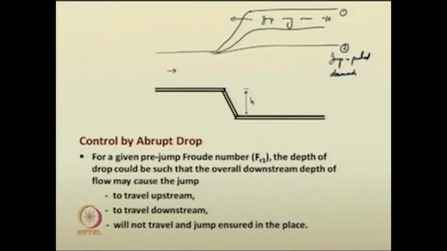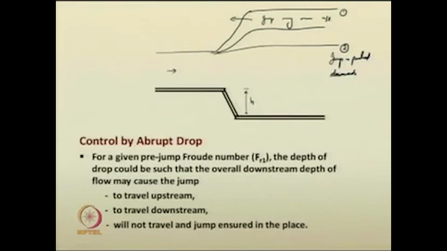So, you cannot use this particular control measure. These are only feasible for conditions where the hydraulic jump is within certain limits, not undulating or too high. For those cases only you can use this, where if the stilling basin is provided along this ridge, you can ensure that the jump occurs in this region only. So, with this we would like to conclude the control of hydraulic jumps.